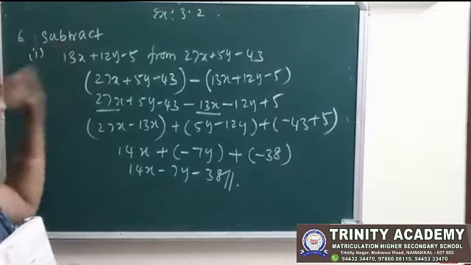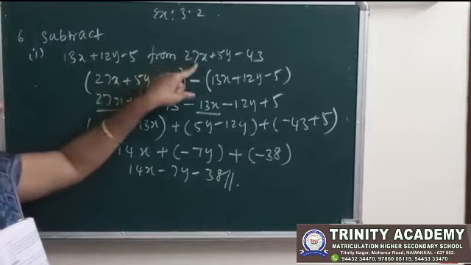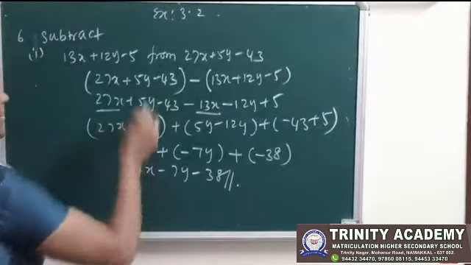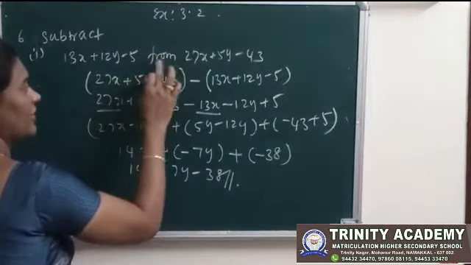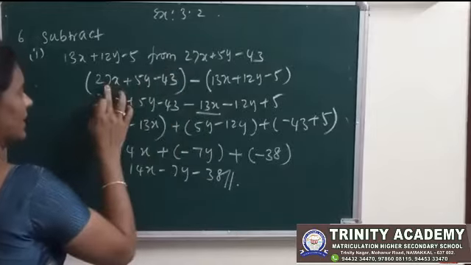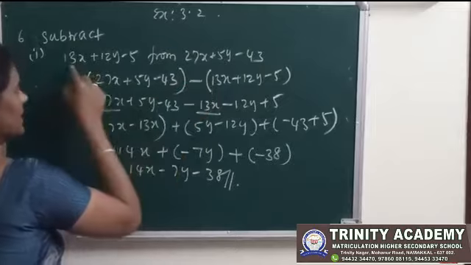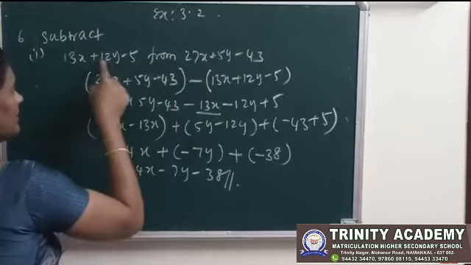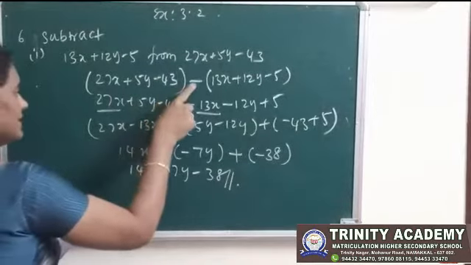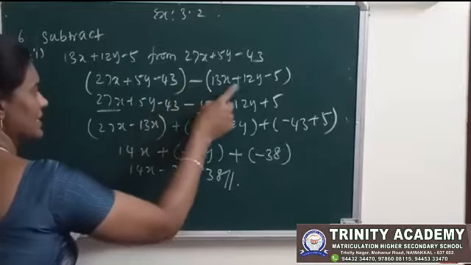Next we subtract 13x plus 12y minus 5 from 27x plus 5y minus 43. See here what is given after from, what is given. This one you write first, that is 27x plus 5y minus 43. Subtract means minus. Then you write these terms 13x plus 12y minus 5. See here, this minus is common for these three terms, so we multiply this minus inside.